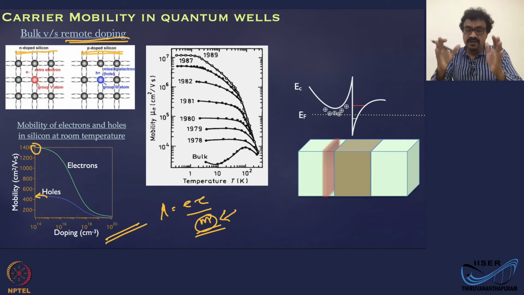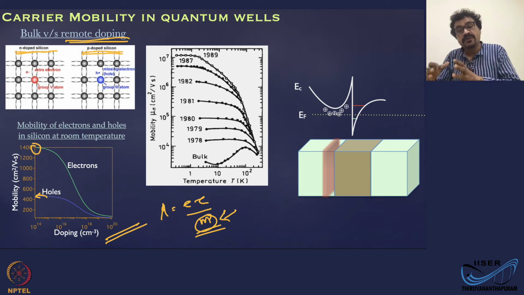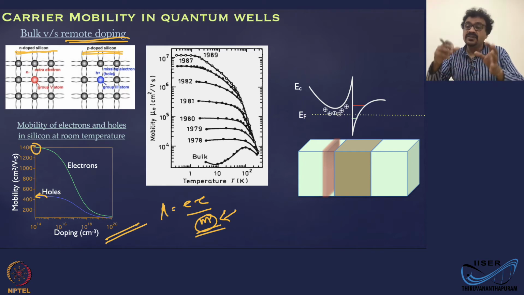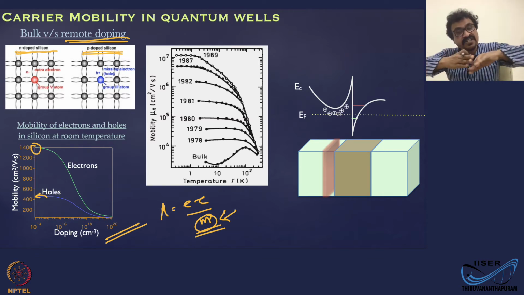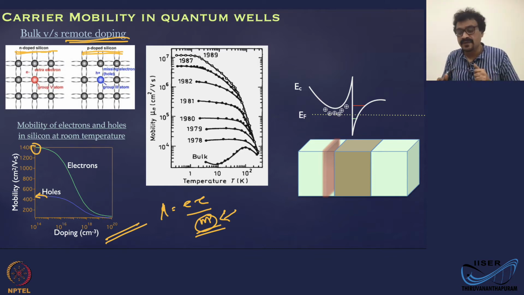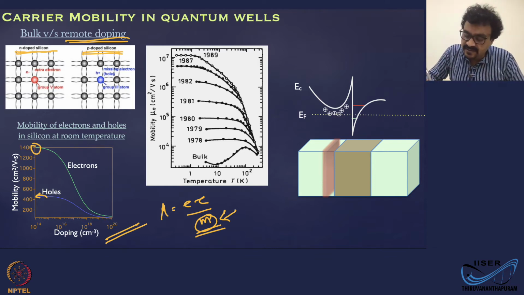But remote doping is something else, where you dope in one place, but the charge carriers end up somewhere else. So the space where charge carriers move is spatially separated from the dopants. That is possible in a quantum well.